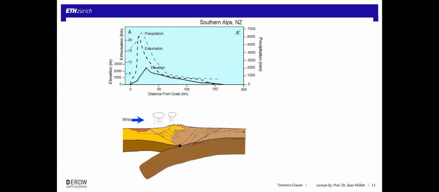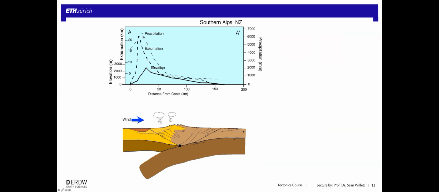So if we try to summarize that with a cartoon pattern, how is it that this rain shadow effect is being manifested in here? This is the Southern Alps of New Zealand. This is just an idealized cross section of the elevation, which is here. The total exhumation, which is represented by all those young ages, is maximum right here.